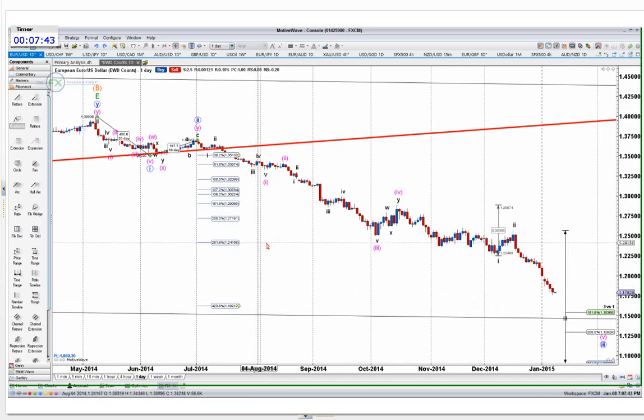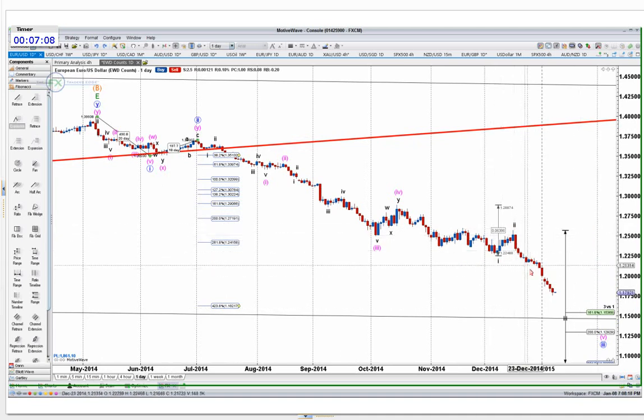Here, we hesitated at the 261.8 level, because that was a big move. That's when we had a correction back up to 125, and then continued the drop at year end and the beginning of the year. So our next target based on this measurement is 423.6, which is 1.1621.